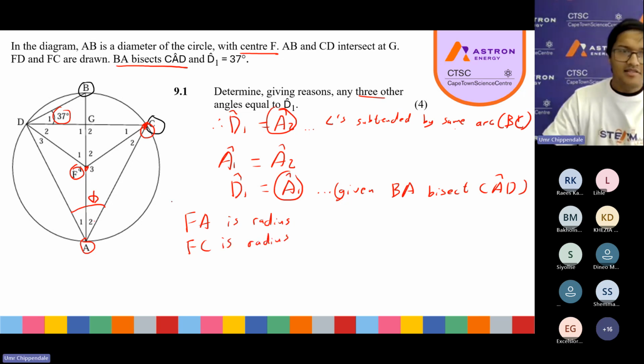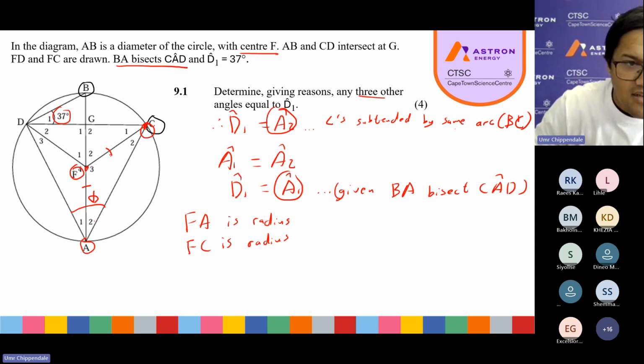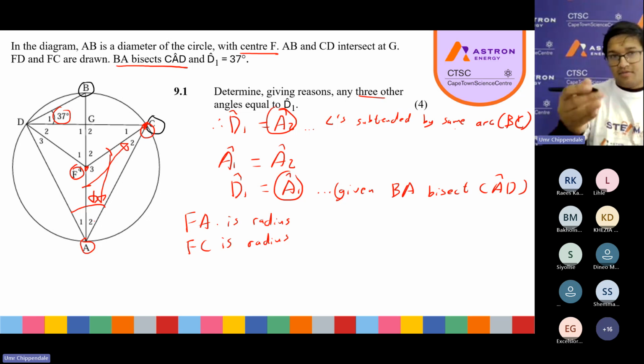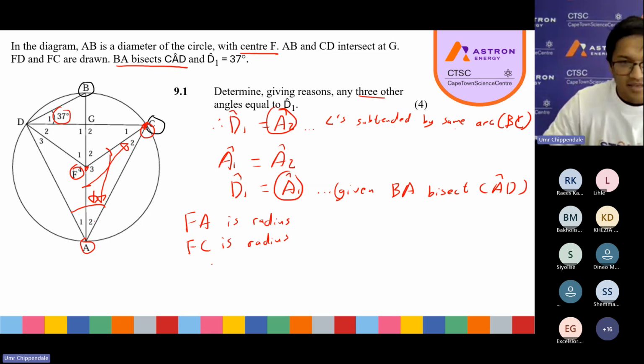Now we know that is the radius and that is the radius, which means this line is equal to that line. They are both the same. And like I told you, the sides relate to the angles within it. So this angle is speaking to that angle, and this side is speaking to this angle here. We know that A2 is equal to D1 because we just proved it. So firstly, I'll say A2 is equal to C2, and that's because both are radii.